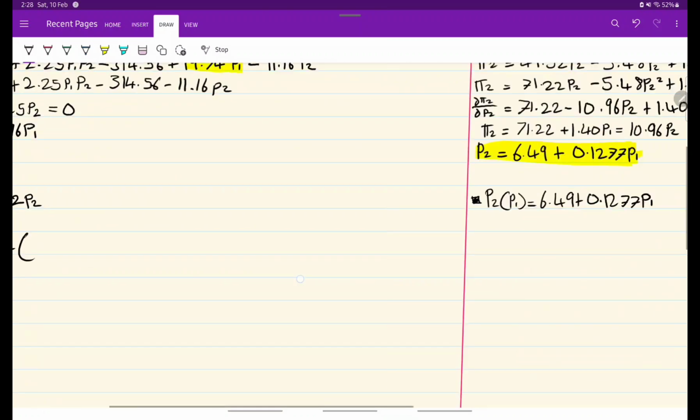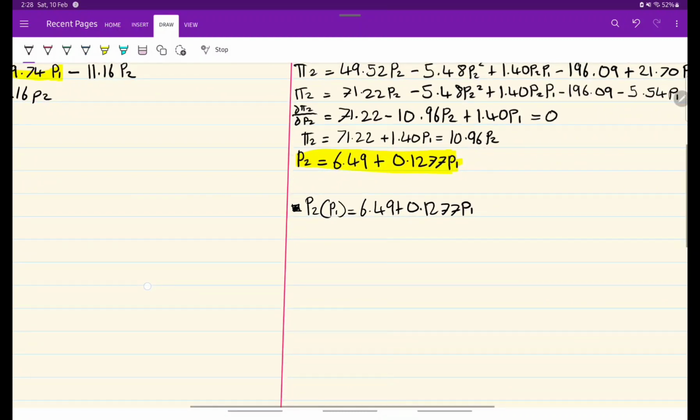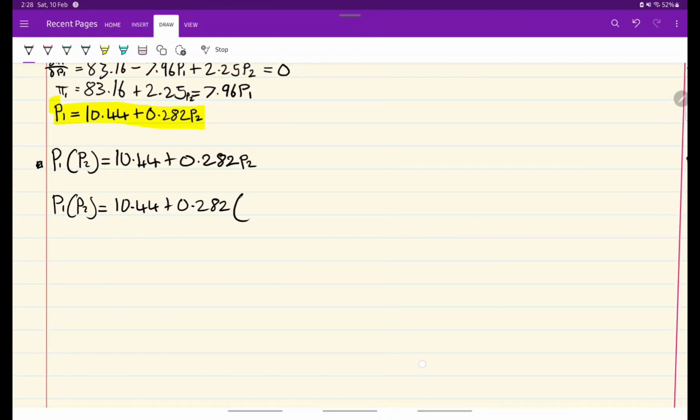That is being multiplied through, so substituting in, got 6.49. Might be a bit too late to point out that this price for 1, when they're substituting it in, it's the best guess.